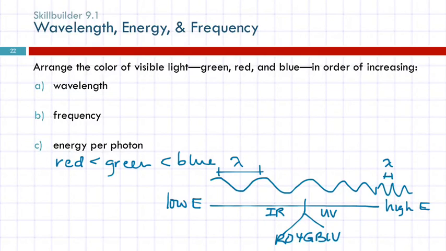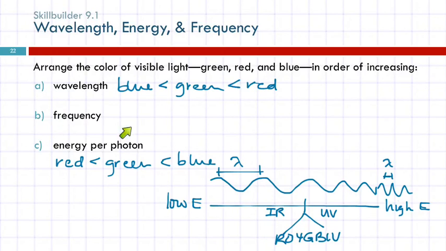So if we go in order of increasing wavelength, which has the smaller wavelength, red or blue? Blue, because this end is short wavelength, this end is long. So it'd be blue, green, red. Blue is the short wavelength, green is in the middle, and red is the longest wavelength. Okay?